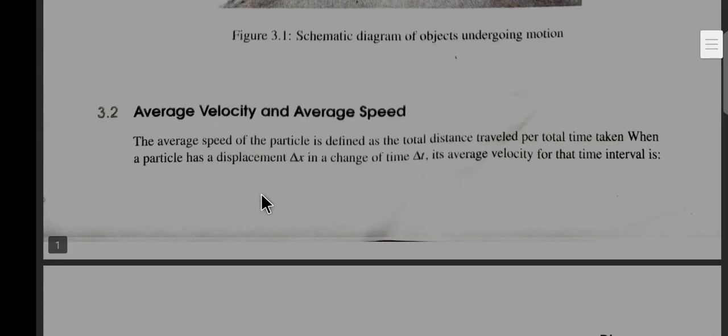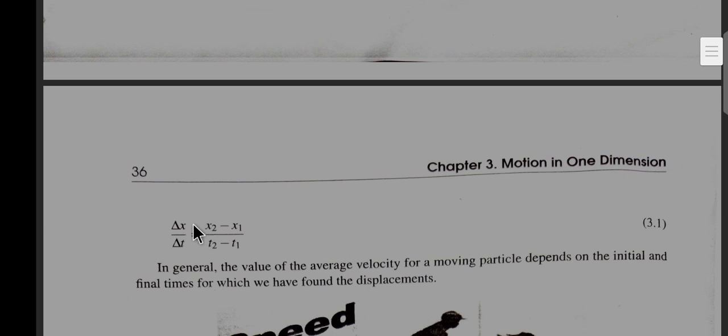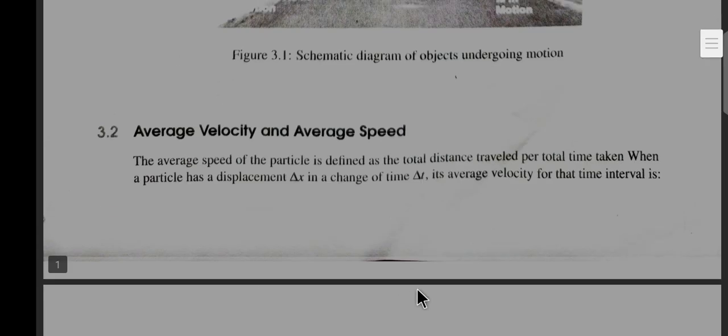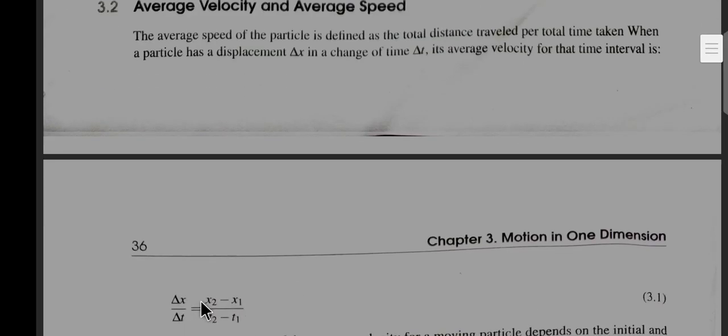So velocity in this case is the displacement over the time interval. But average speed is defined as the total distance traveled over the total time taken, while velocity is the displacement over the time taken, which is t2 minus t1.